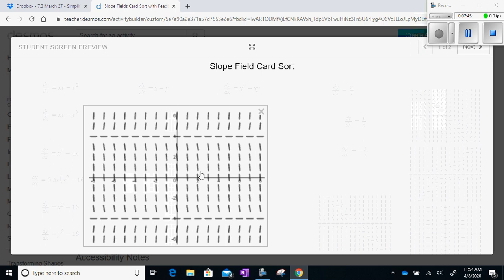If I were to take, let's say, y equals 2, and I scroll left and right, you see that every single one of these tick marks is identical. So when y equals 2, I get a certain slope regardless of what the x is. So in this particular slope field, the x is irrelevant. The slope is not dependent upon the x. The slope is dependent upon the y.